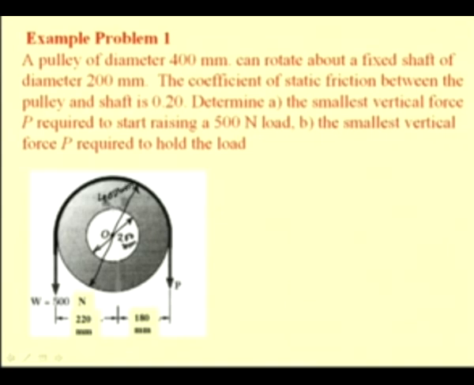The coefficient of static friction between the pulley and the shaft is known as 0.2.